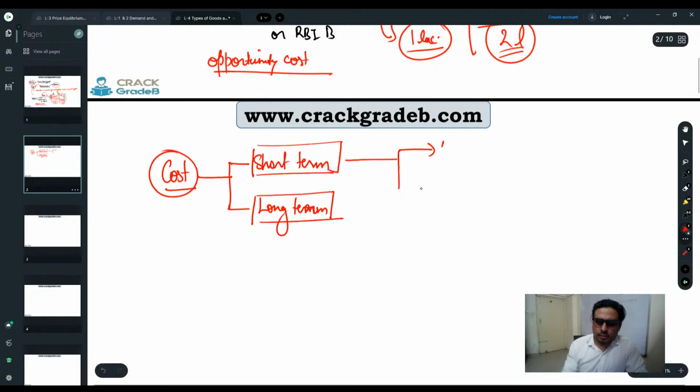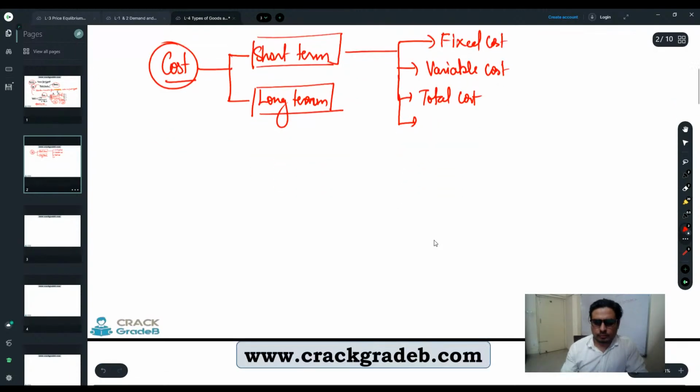So under the short term, first we will do what? Fixed cost. Next is variable cost. Third is total cost. Fourth is average fixed cost.